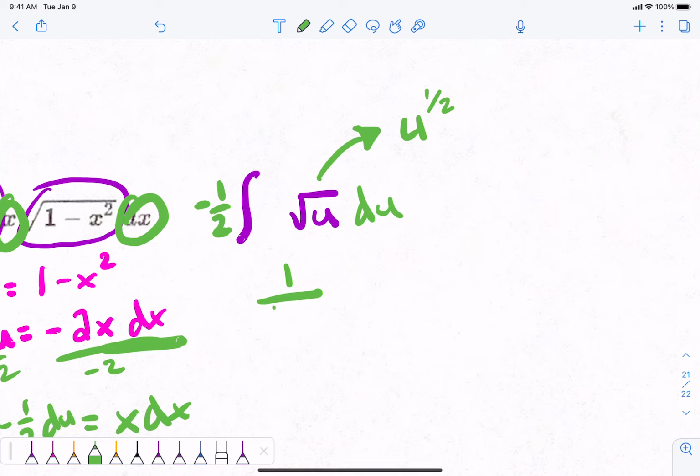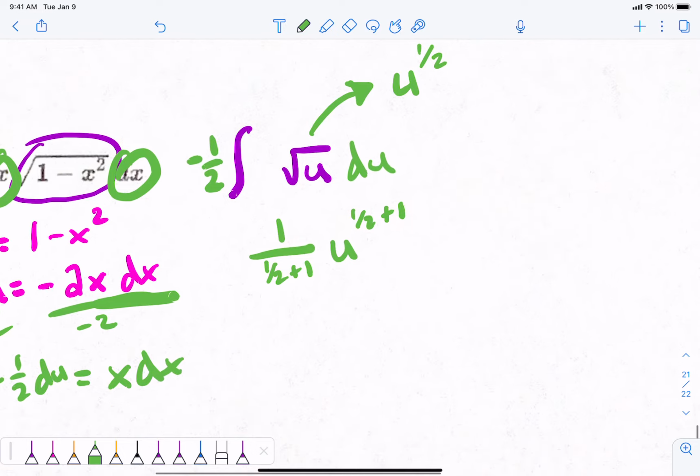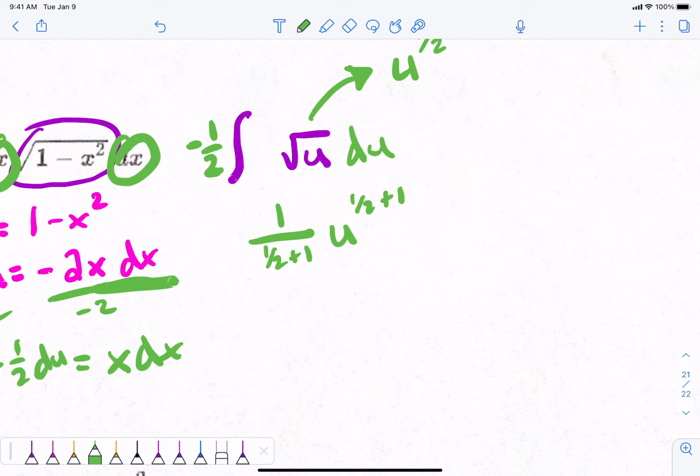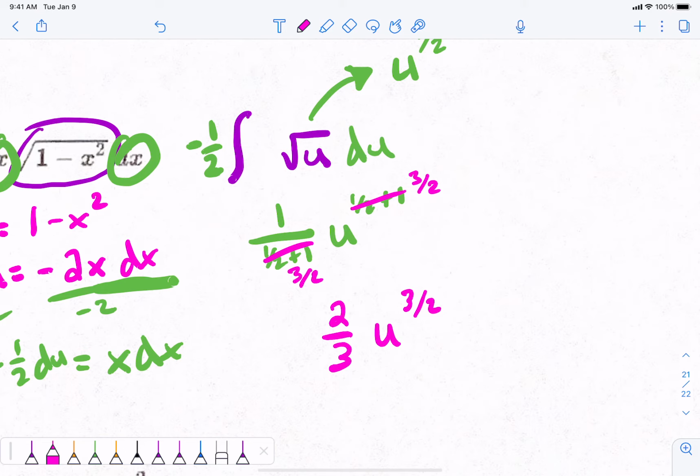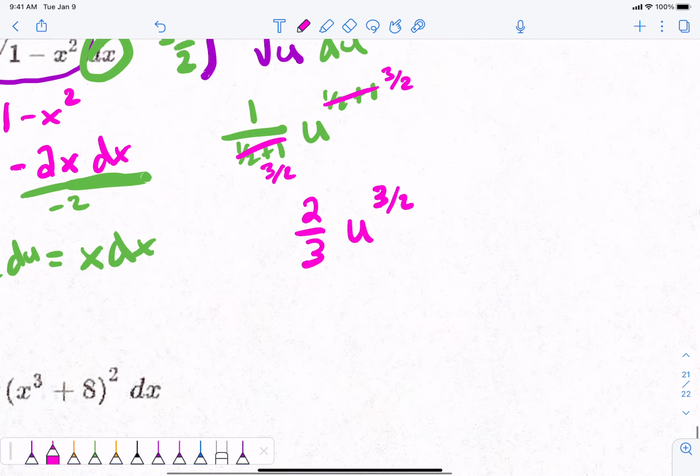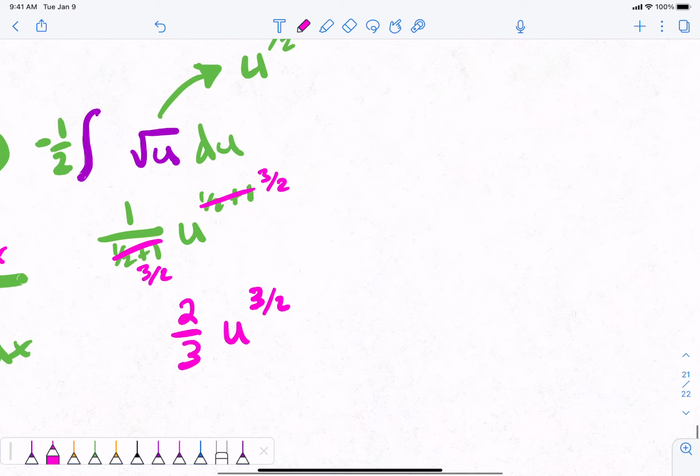It would be 1/2. So n plus 1 is 1/2 plus 1, which is 3 halves. What's 1 divided by 3 halves? 2/3. So 2/3 u to the 3 halves power, which is really 2/3 times the square root of u cubed.